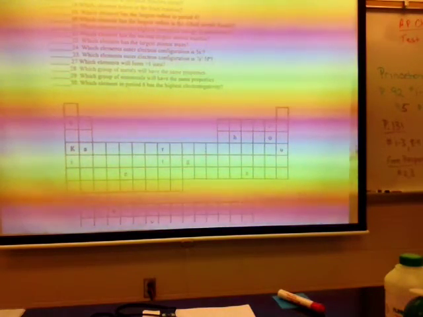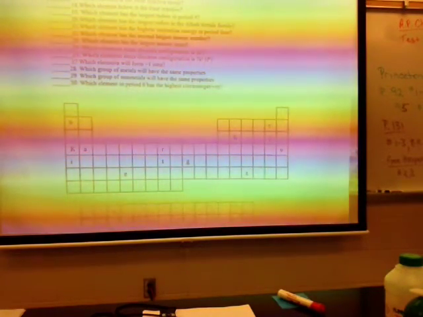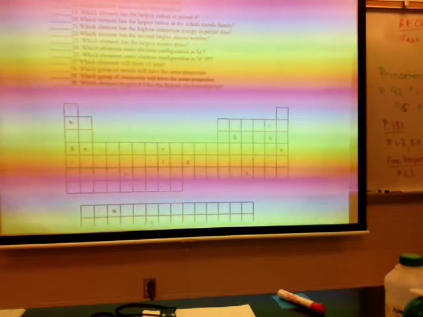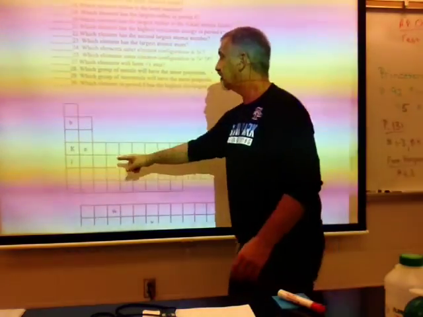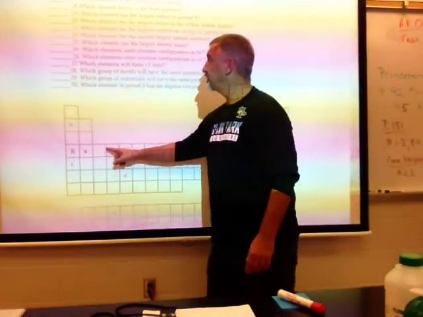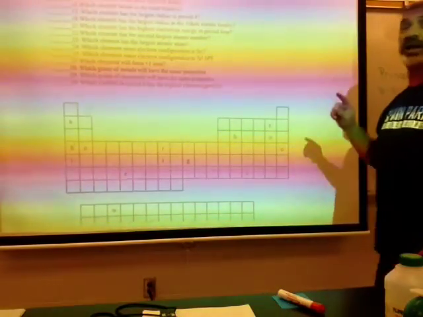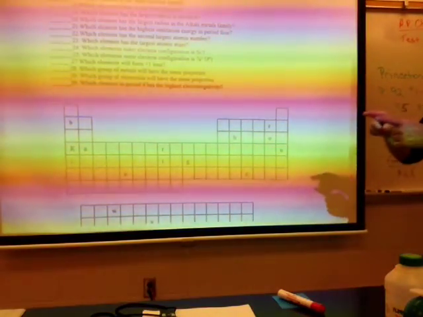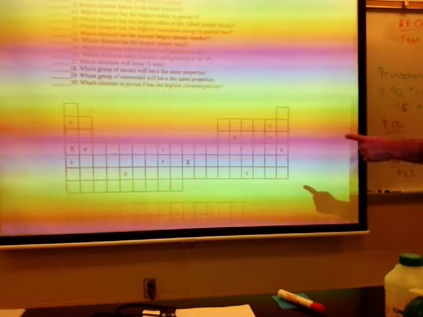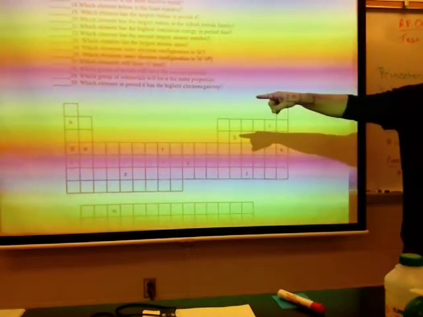So, which element has the largest radius in period 4? First off, what does period 4 mean? Fourth row. So we're looking at all of these elements right here. Now, the largest radius. What happens to size as you go from left to right? It gets smaller. So the largest one is going to be K, far left.